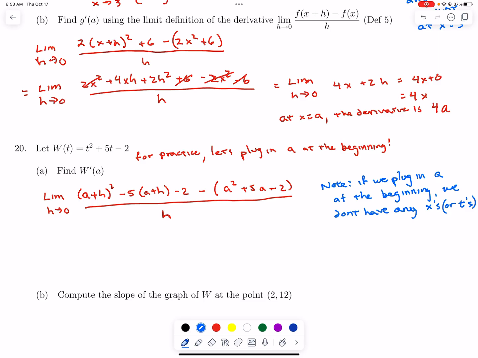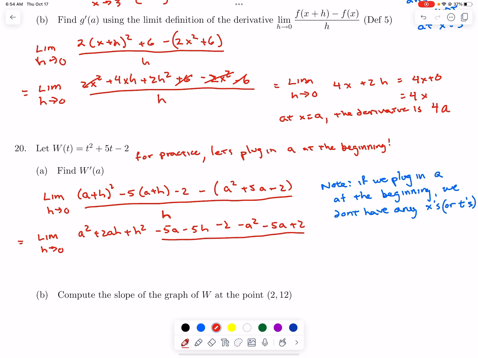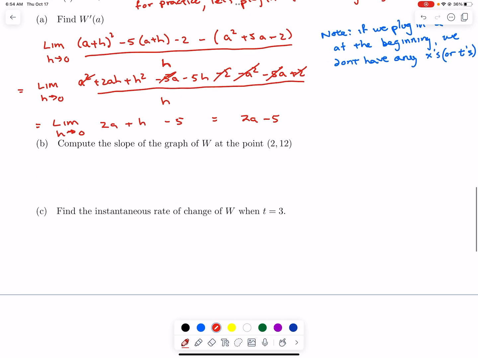So okay, that's my formula for taking the derivative.